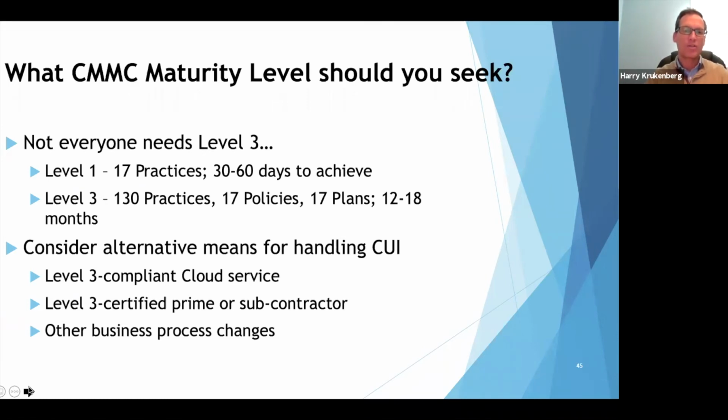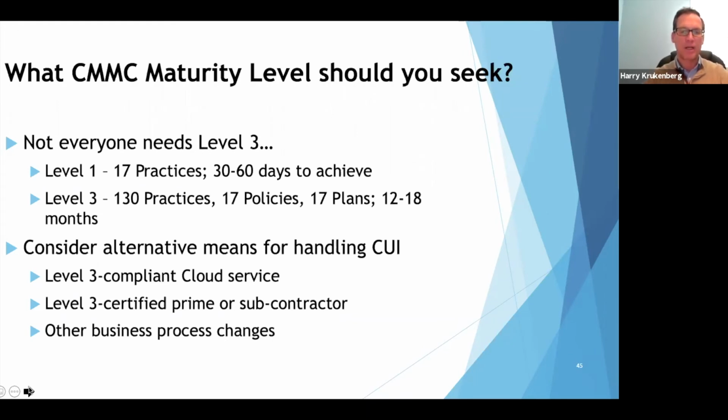You can also look toward level 3 compliant cloud computing services. Obviously, there's a cost associated with it. You would have to subscribe to such a cloud service, but that is another alternative to your entire organization and entire network working towards CMMC level 3 compliance.